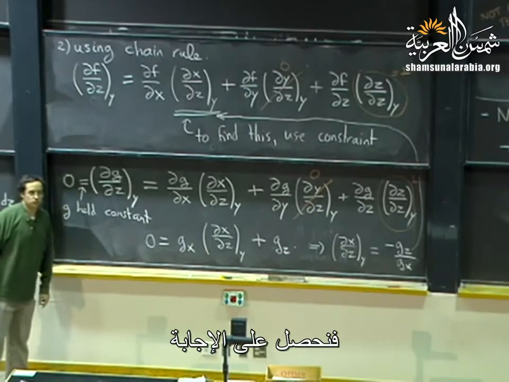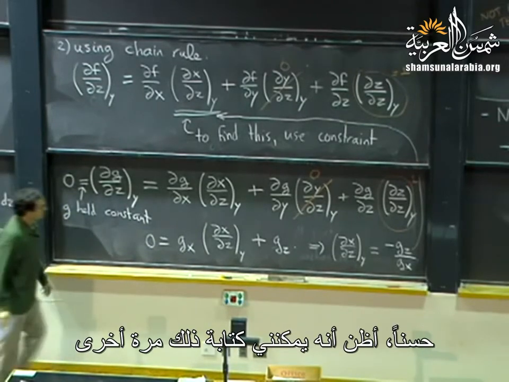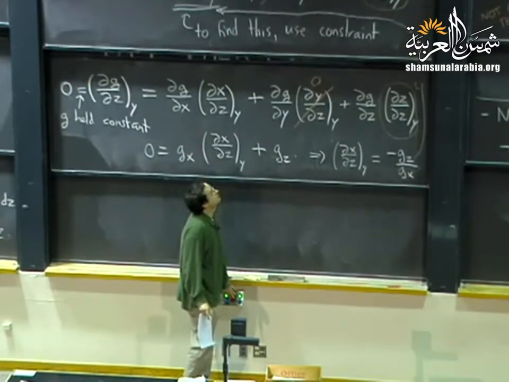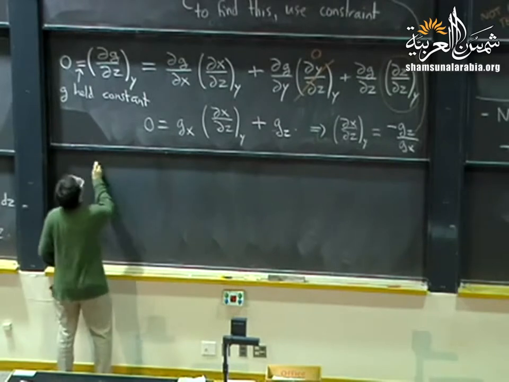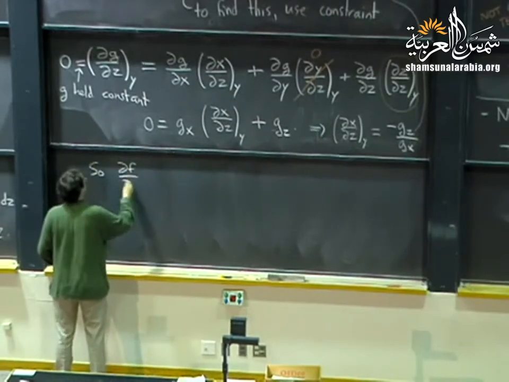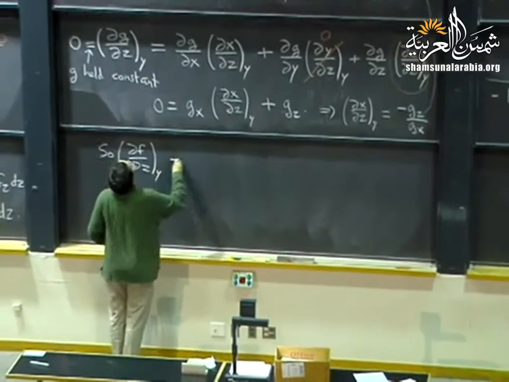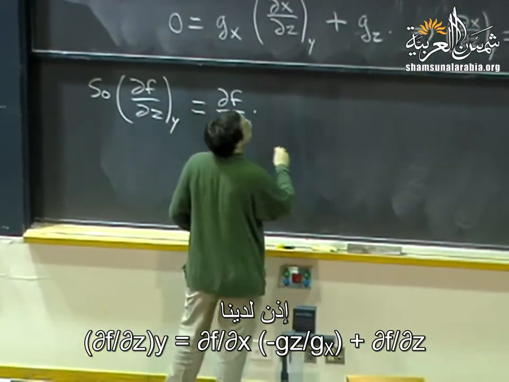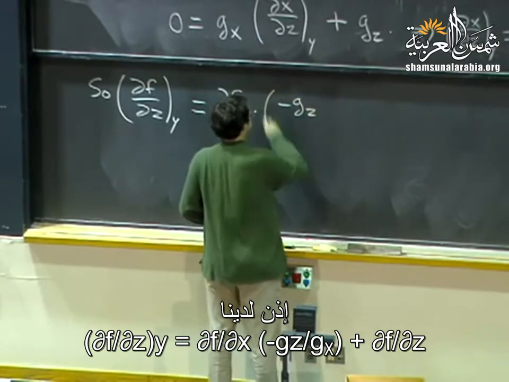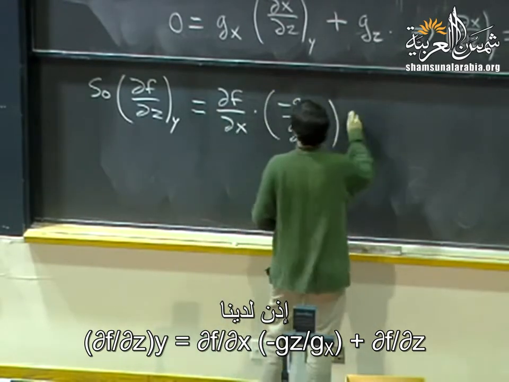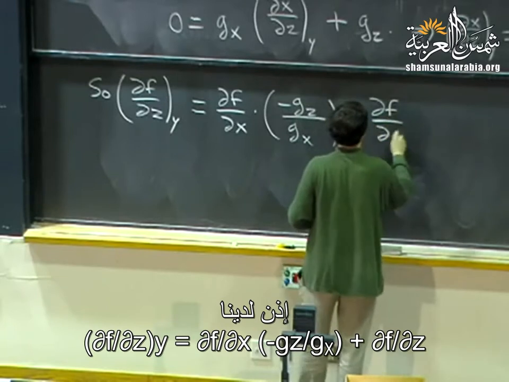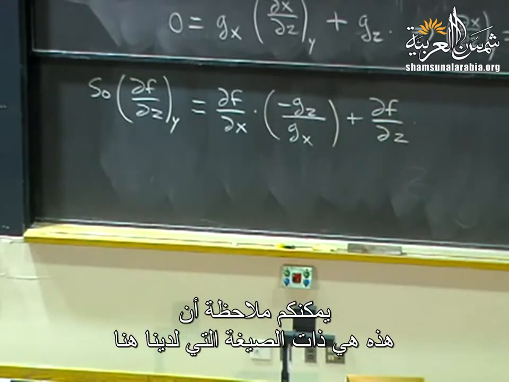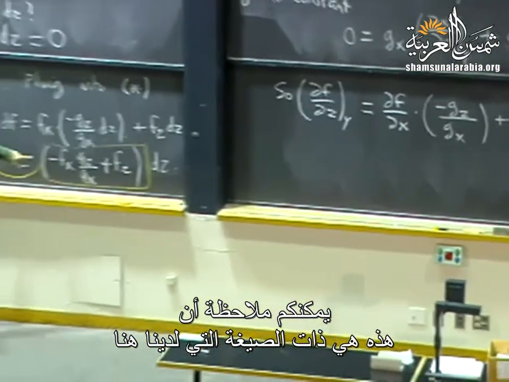And then we get the answer. So there was partial f, partial x times this guy, minus g sub z over g sub x, plus partial f over partial z. And you can observe that this is exactly the same formula that we had over here.